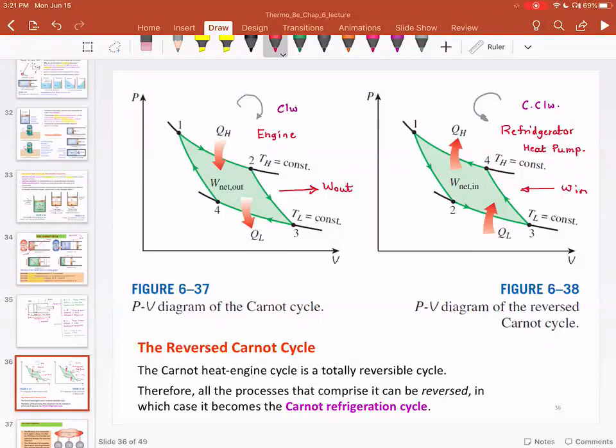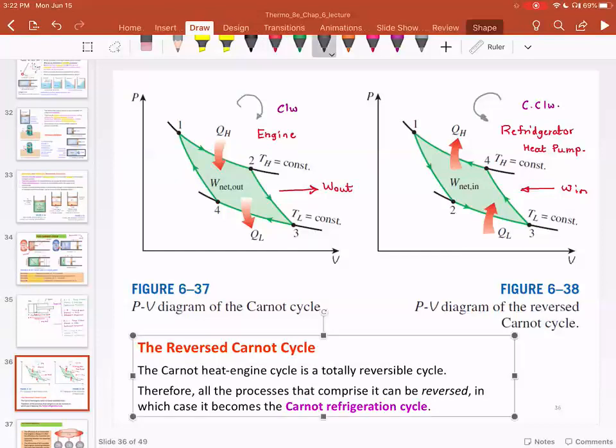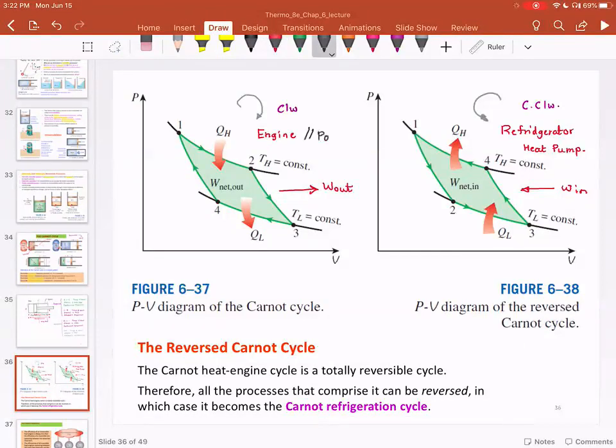This is extremely important, and I want you to be very comfortable understanding that this counterclockwise and clockwise cycle is very important. These are also sometimes called power cycles. So basically, you get power out of the system.